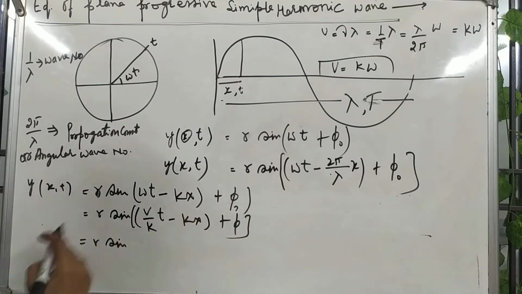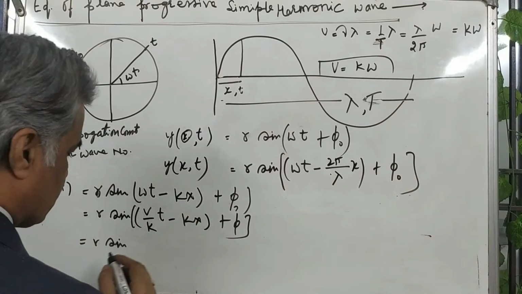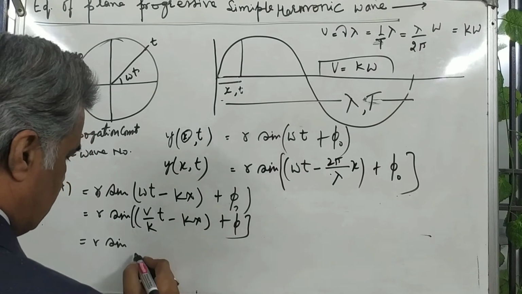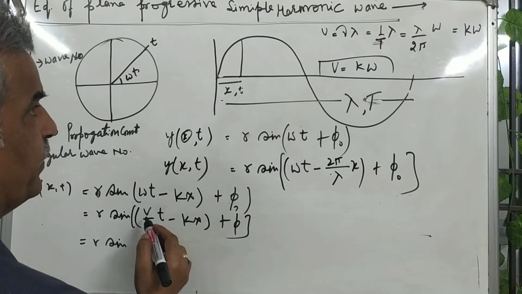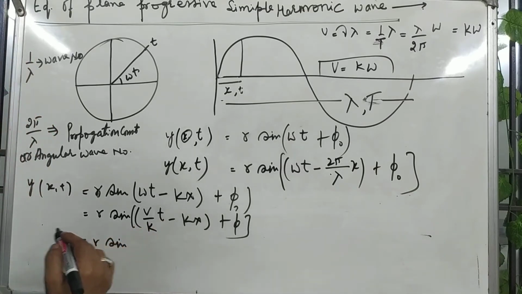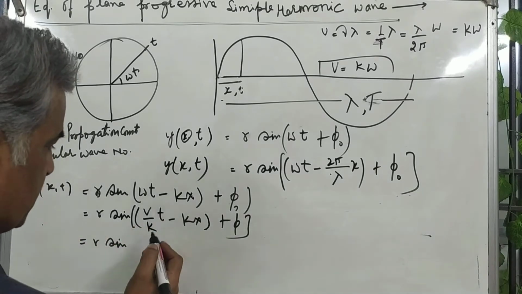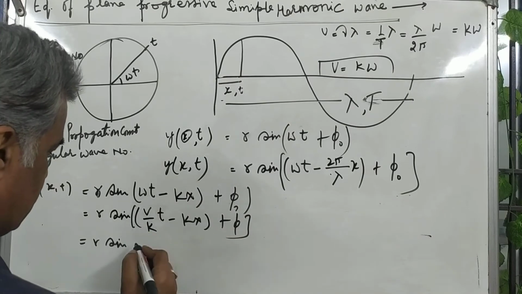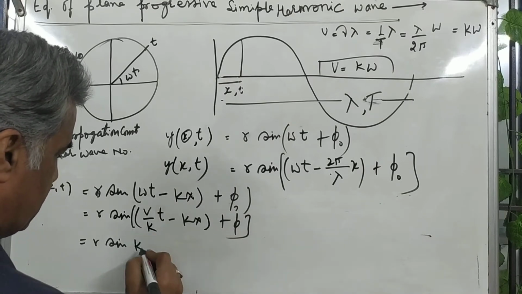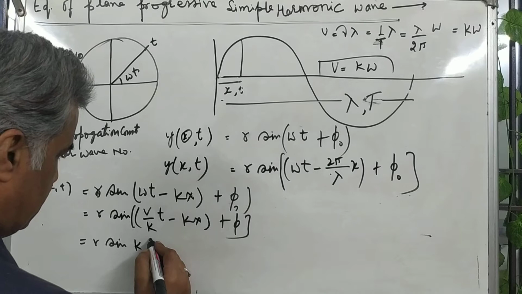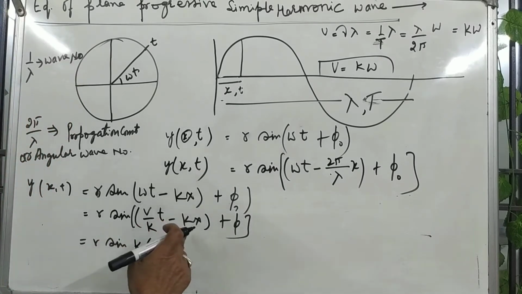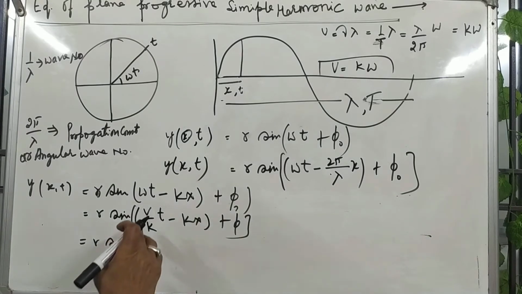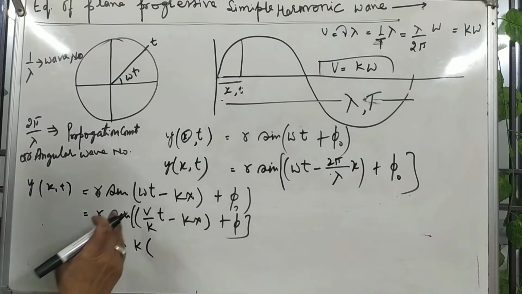You can take k as a common factor. Omega is v by k, so take k out as common. At this point, what will happen?